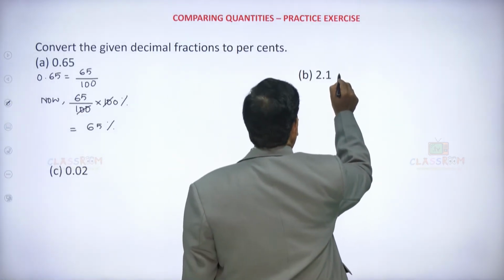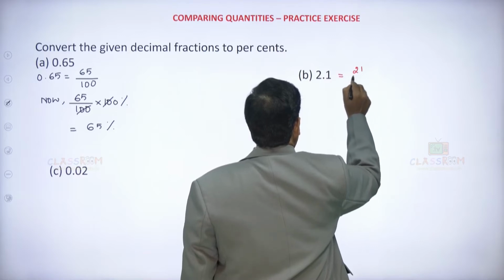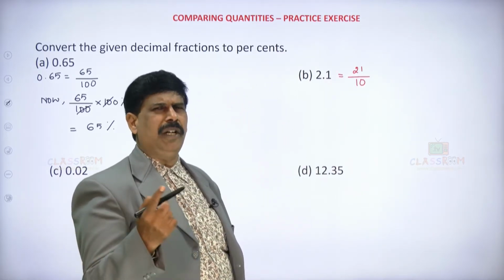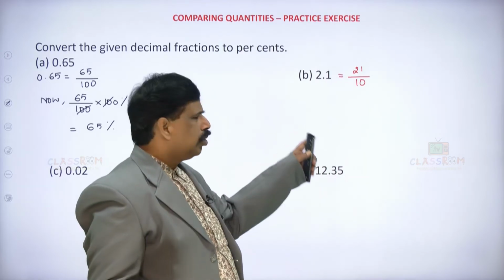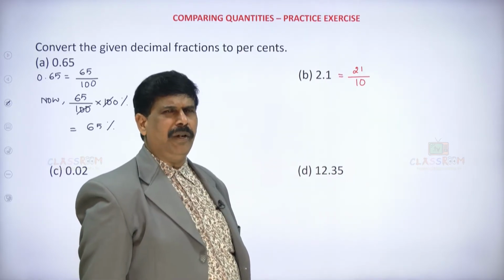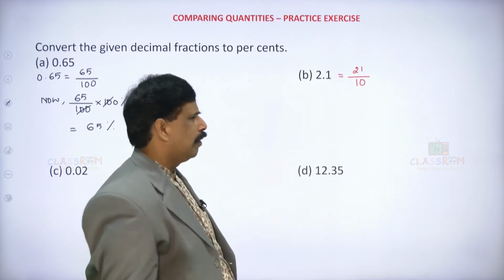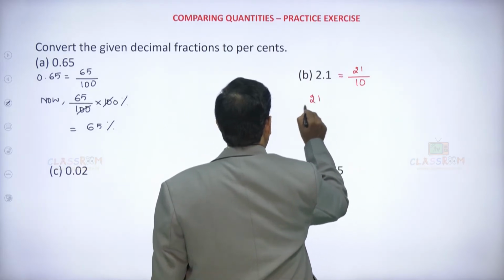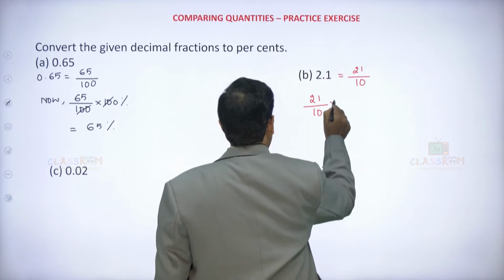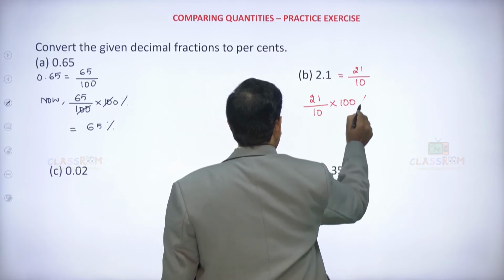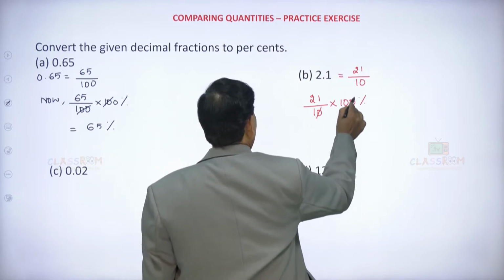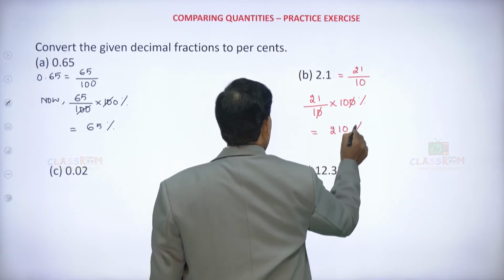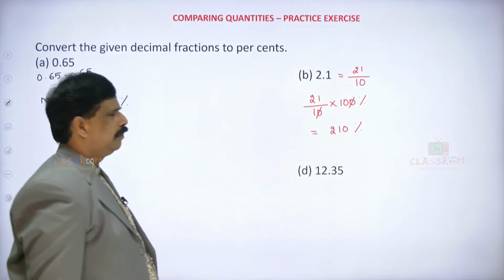So what about here, children? This 2.1, we can write it as 21 by 10. After the decimal point, we have 1 place, so we keep the denominator as a multiple of 10, one 0. Now 21 by 10 into 100%. So the 10 and 100 get cancelled, 21 into 10 is 210%.